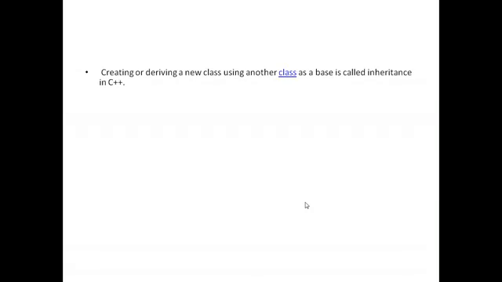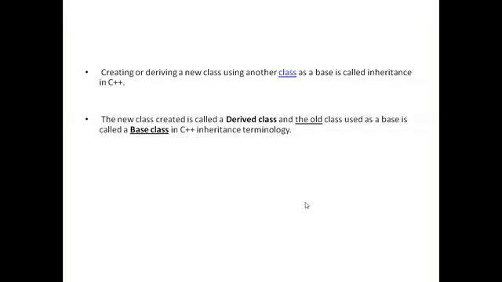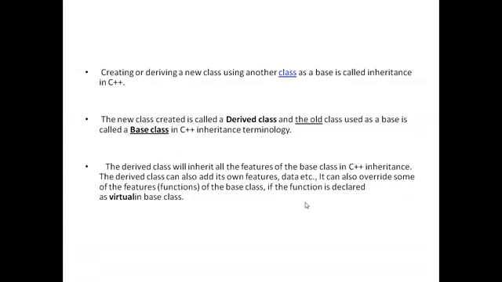What is inheritance? Inheritance is creating or deriving a new class using another class, and that class is called base class. The new class created is called derived class, and the old class from which we have inherited is called base class. The derived class will inherit all the features of the base class, and the derived class can also have its additional features.